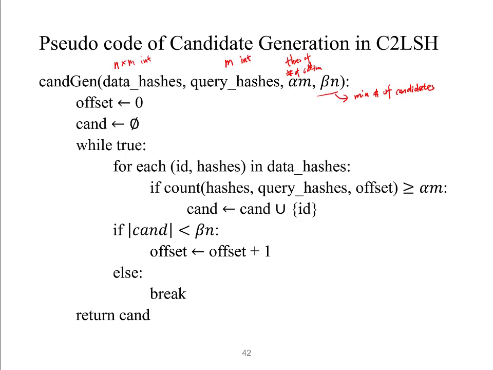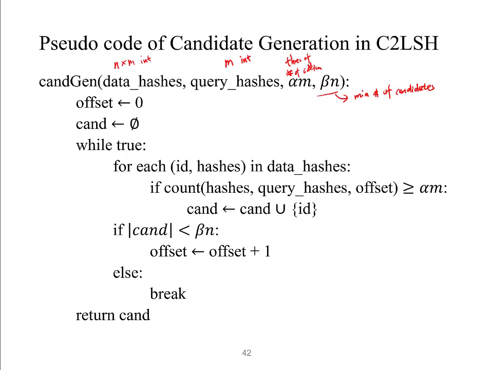It is just to help you understand the paper, in case you want to read it. All right. At first we set the offset to be 0, where the offset is for the virtual rehashing. We set the candidate set to be an empty set. We will repeat this procedure until we get enough candidates.